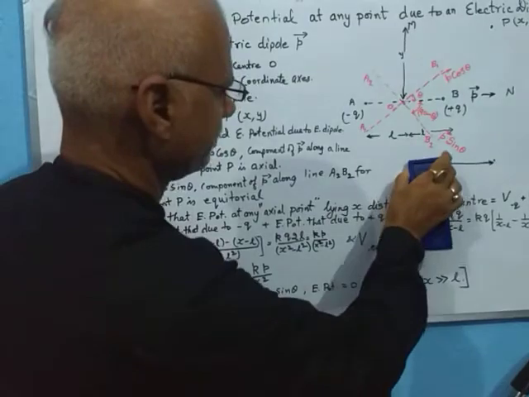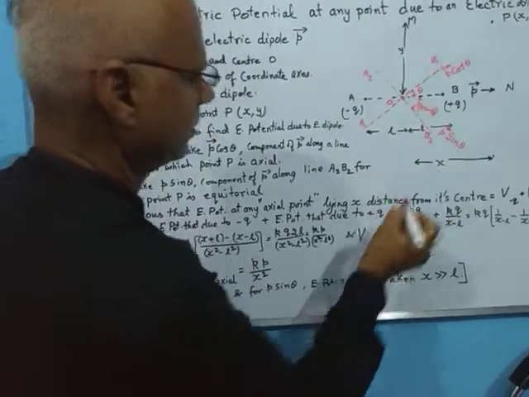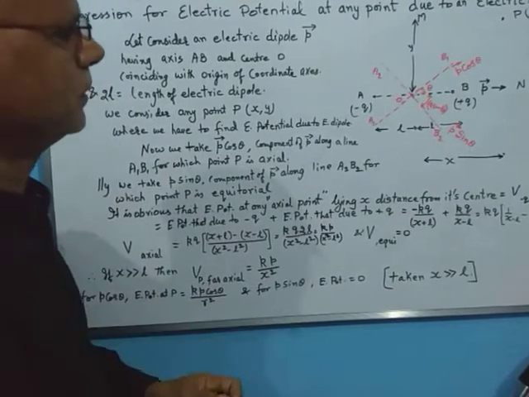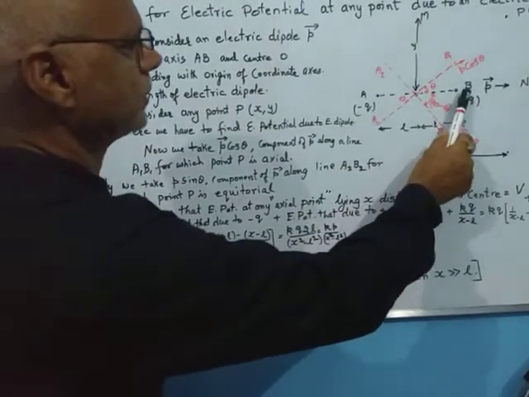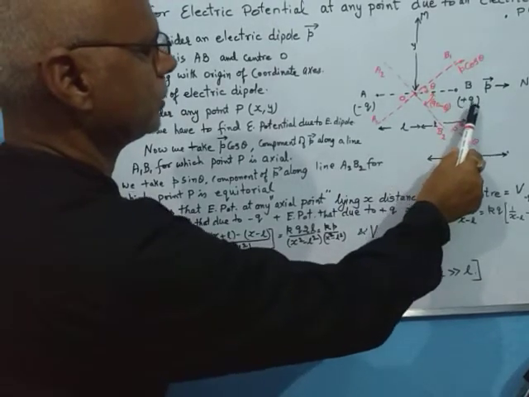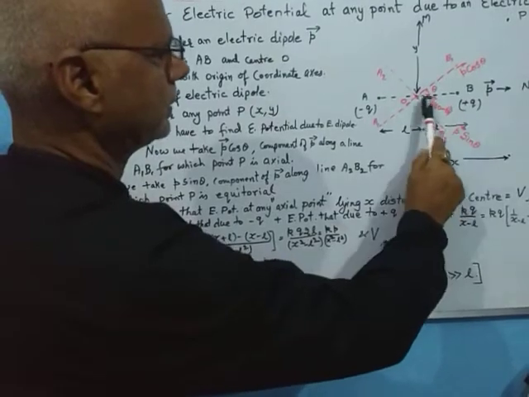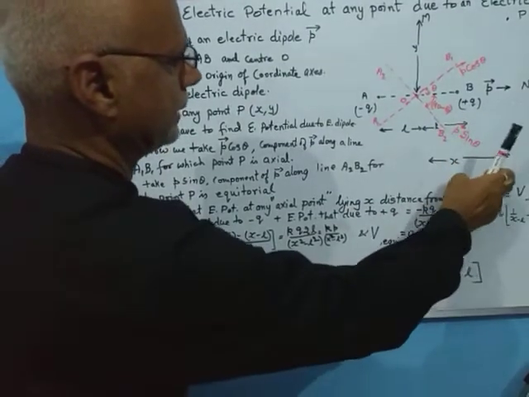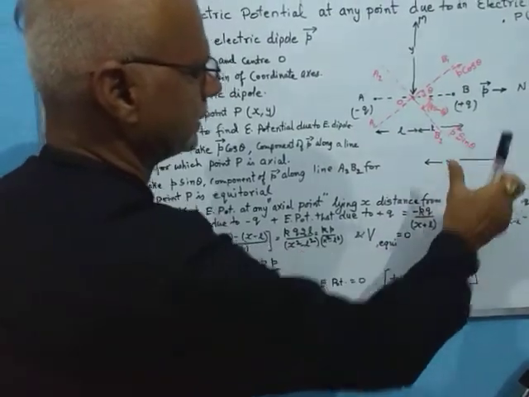And then we also want to discuss the distance of point B, meaning the distance of plus q charge from n. You see it is x minus l, because this distance l needs to be subtracted from the total distance x.